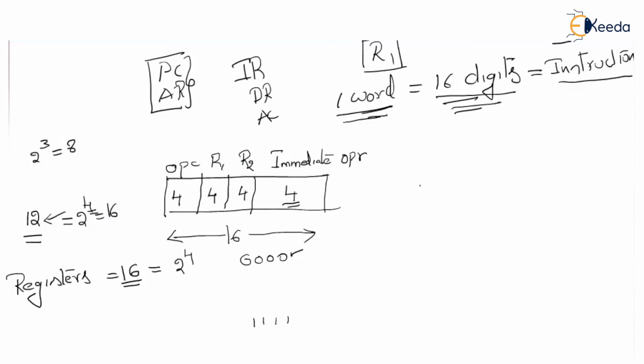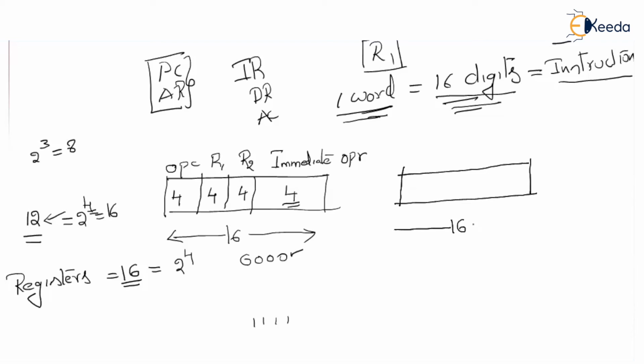Once again, I'll explain because the next questions in the model will be made very simple. If you are asked to find the number of digits for a specific field in an instruction, draw the block diagram of the instruction and identify the size of the instruction.